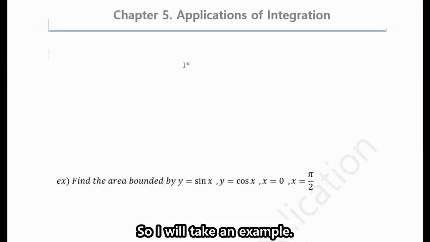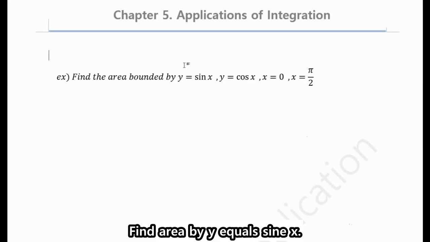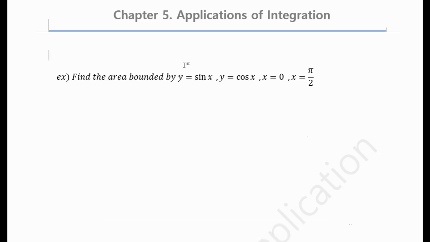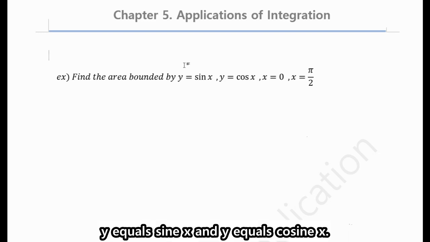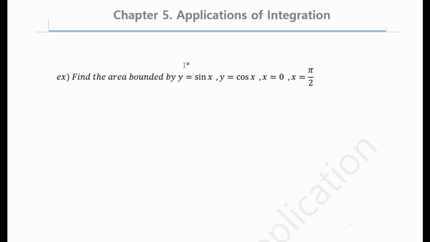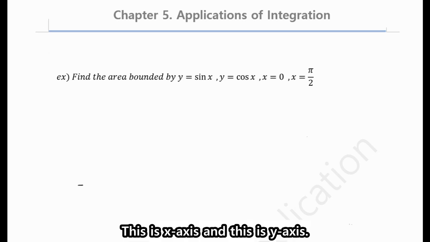So I will take an example. Find the area bounded by y equals sine x and y equals cosine x, from x equals 0 to x equals 2 pi. So I will draw. This is the x-axis and this is the y-axis.